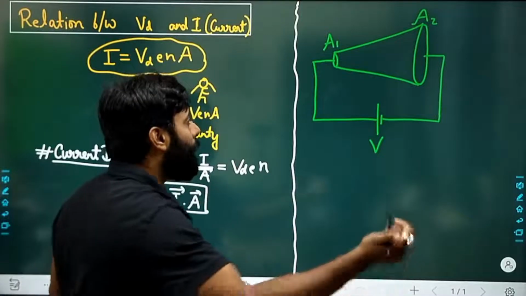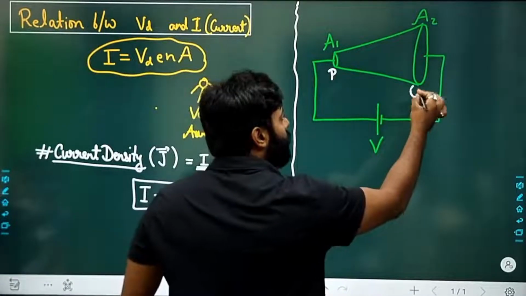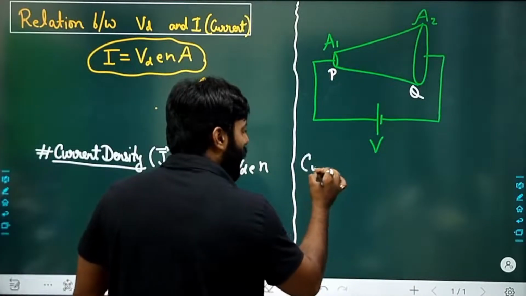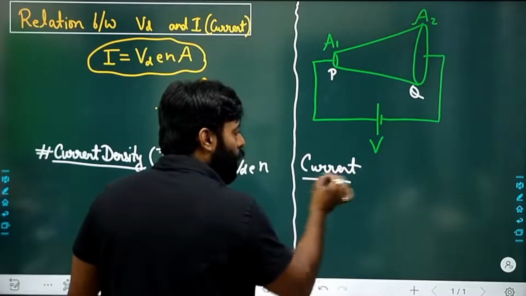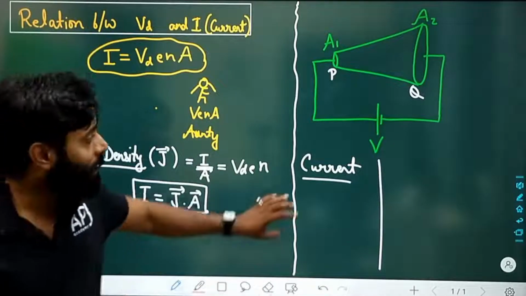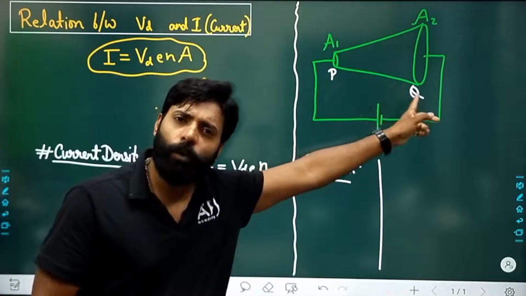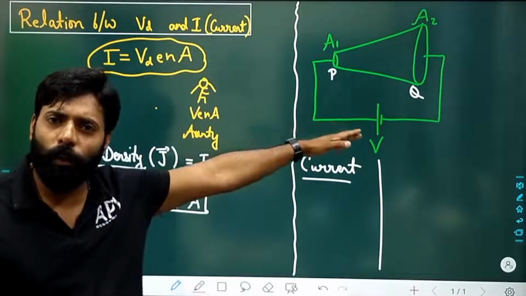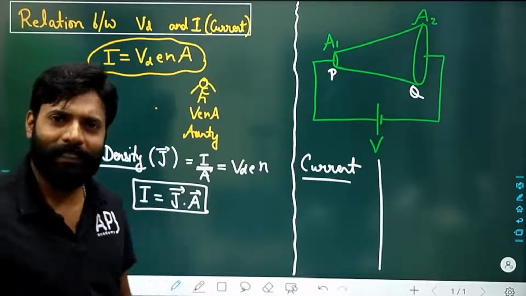Now this point I am considering as P and this point I am considering as Q. I am talking about current. You have to tell me what the current will be here: will the current be greater at P and lower at Q, or lower at P and greater at Q? Is it like that?